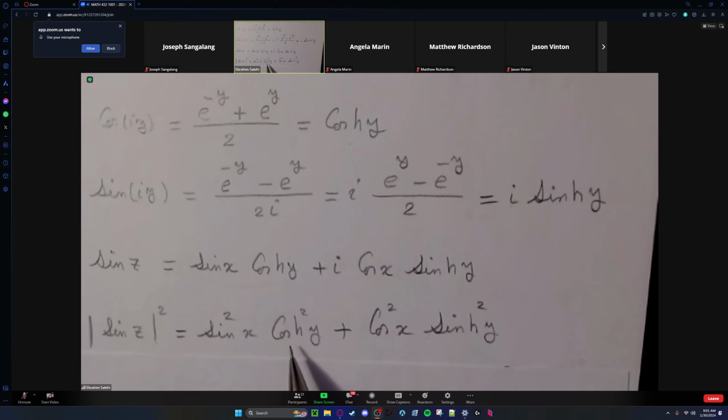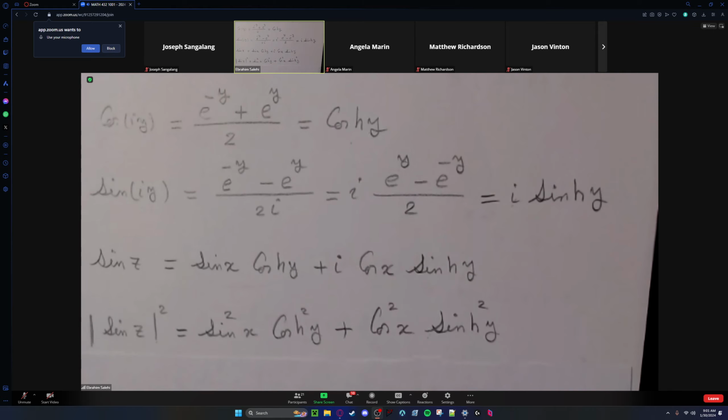Because I know that cosh squared minus sinh squared is 1, we all took care of that, I'm going to replace cosh squared by 1 plus sinh squared and simplify this one.